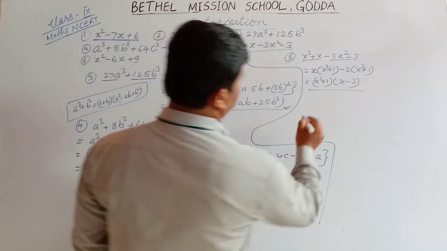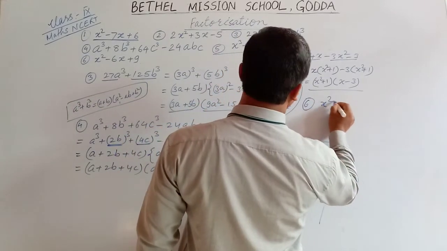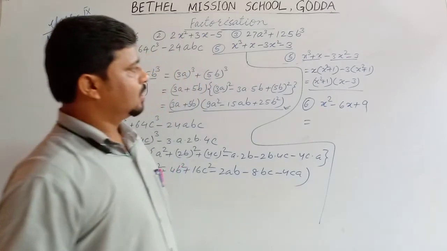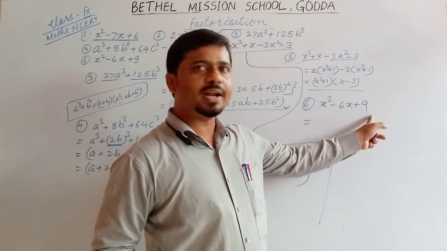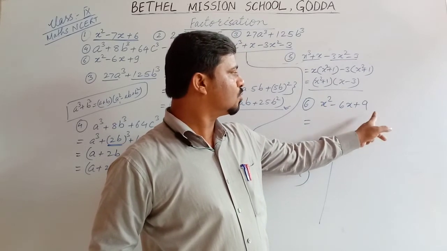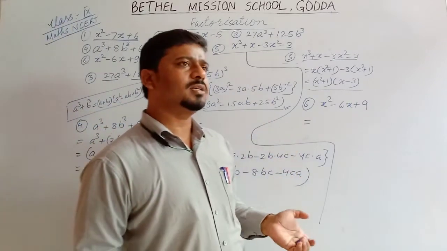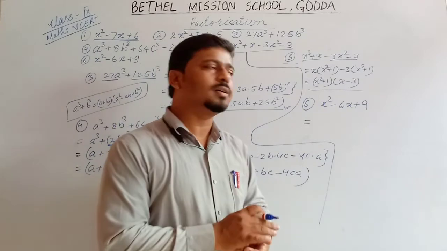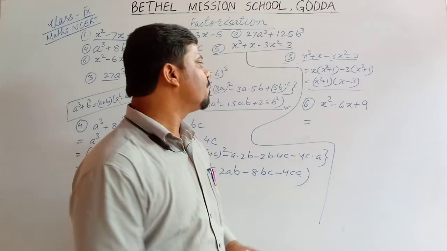Another is question number 6. x square minus 6x plus 9. The first term is in the form of a square, and 9 is a square number. So I think it is possible to put it in an algebraic identity, and otherwise you can use the first method, splitting the middle term, which will be applied here for the trinomial.